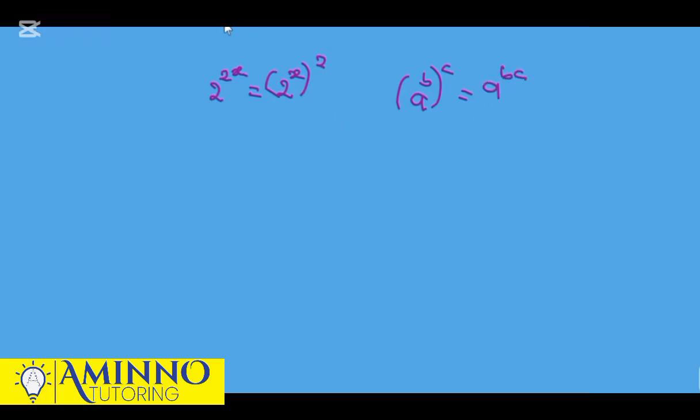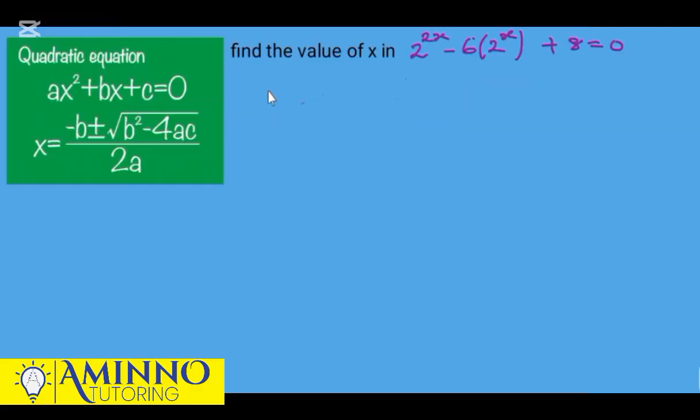This is established. So if you want to use the same approach on this very problem, this can be written as (2^x)^2 minus 6 times 2^x plus 8 equals 0. Nothing has actually changed here from this result. This result is the same thing.